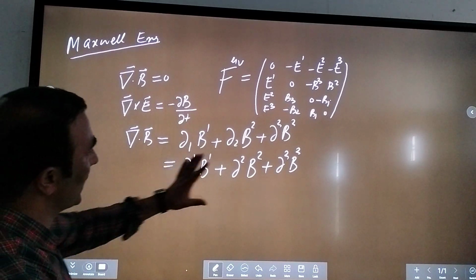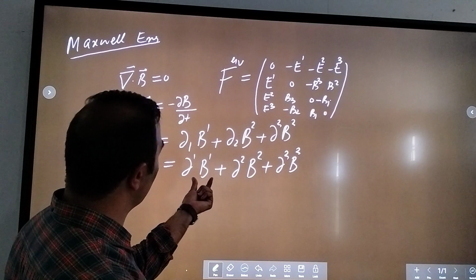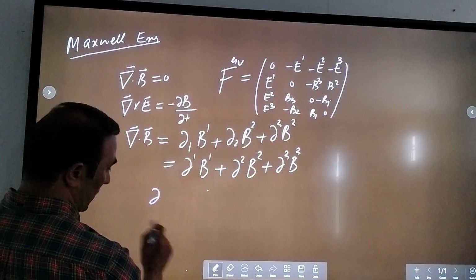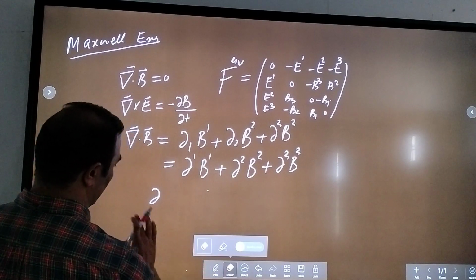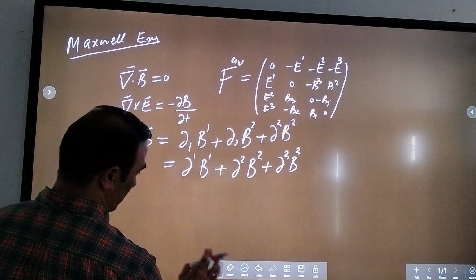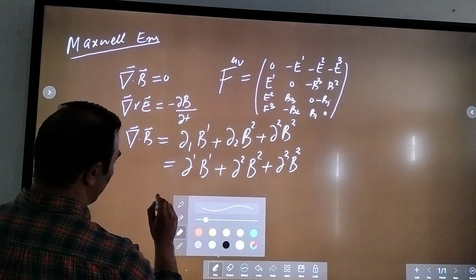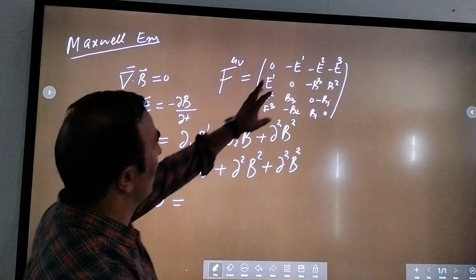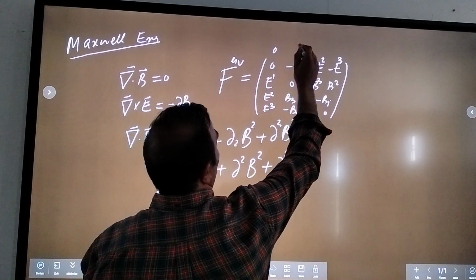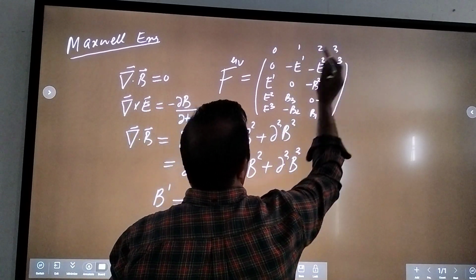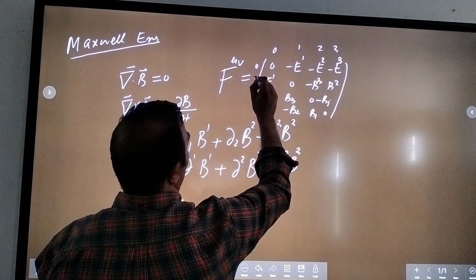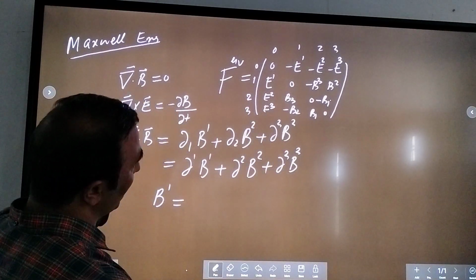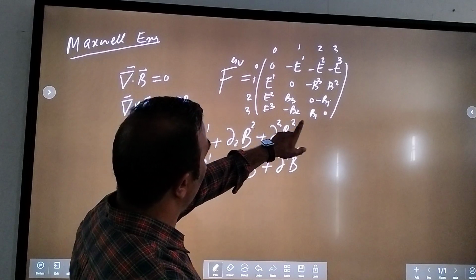So let's write now. Because this is partial b1, what will I write instead of b1? Instead of this b1, b1 is basically, you are taking these, first 0, 1, 2 and 3, right? And this is 0, 1, 2 and 3. So which component is this? That is b1, b1 is this component.